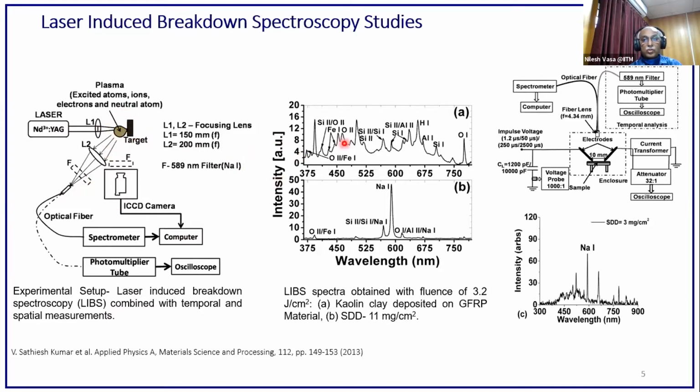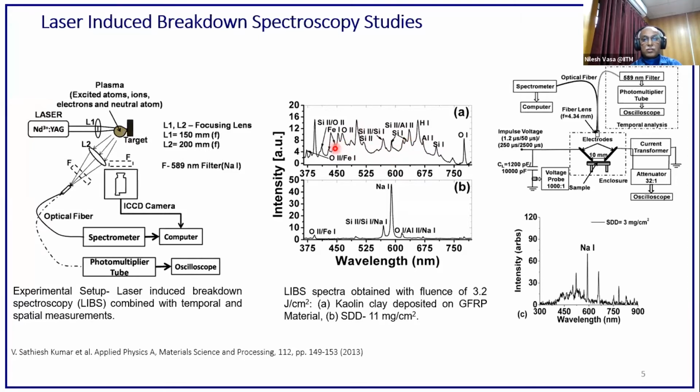So here this plot shows one of the spectra of the spectral characteristics of the substrate material, the GFRP material, and you can see that multiple such emission lines represent the characteristic of the material elements present in the substrate.